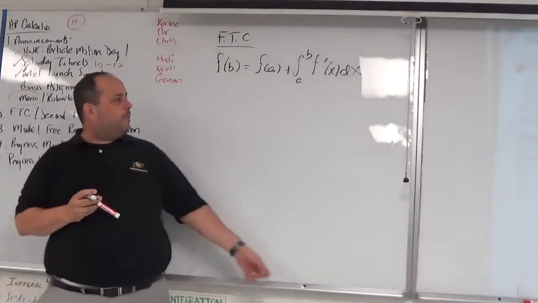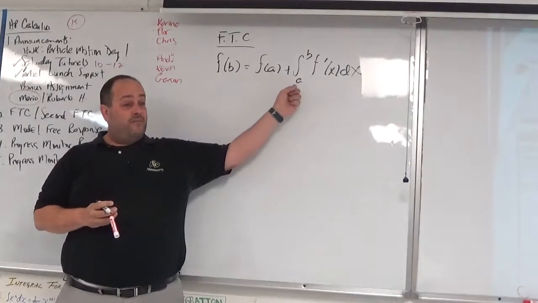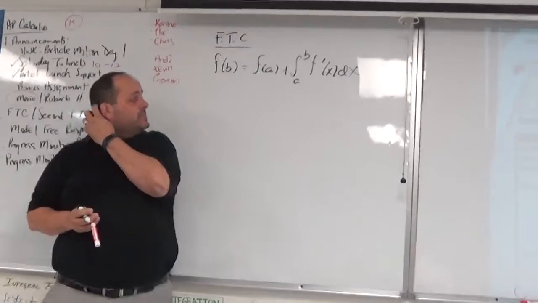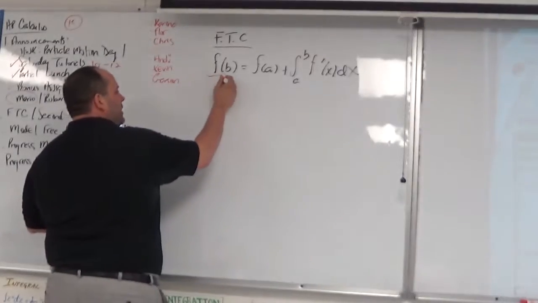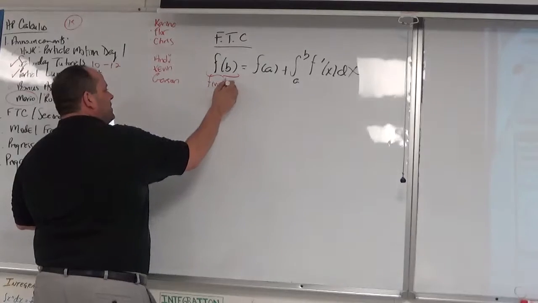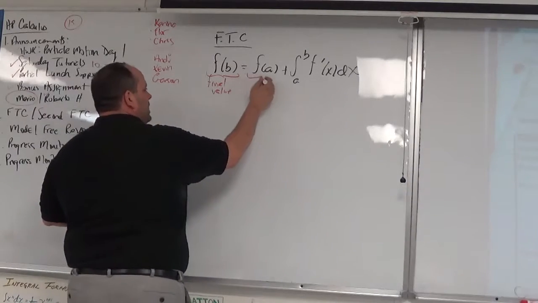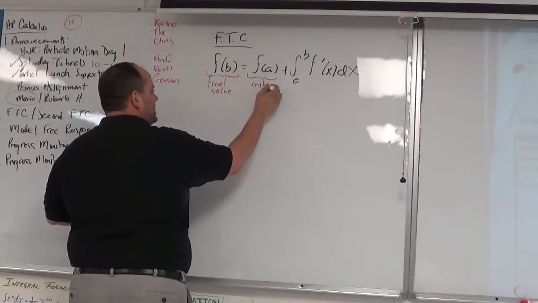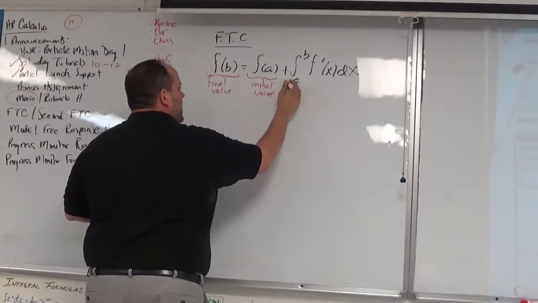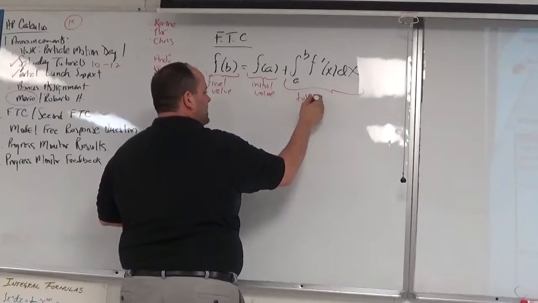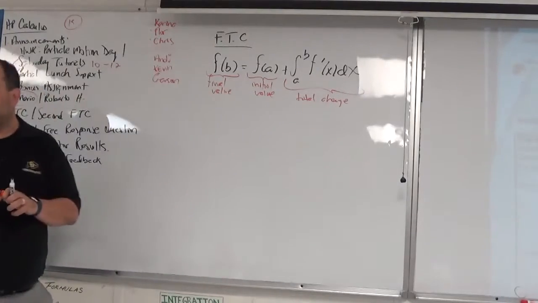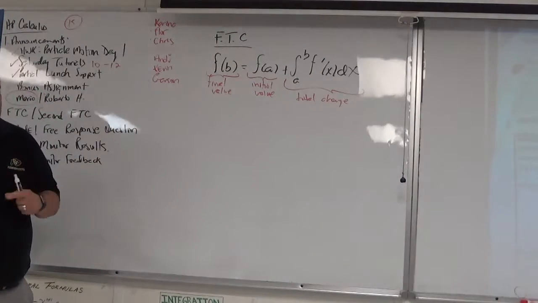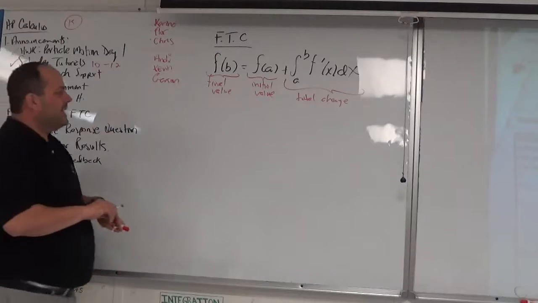Rarely does the College Board say, hey, go use the fundamental theorem of calculus, but this is one of those problems where they're going to ask you for the value of the function. I always think of this as the final value. F of a is your initial value, and your integral represents your total change. That's the fundamental theorem of calculus. We use it all the time. Position problems, stuff like that.